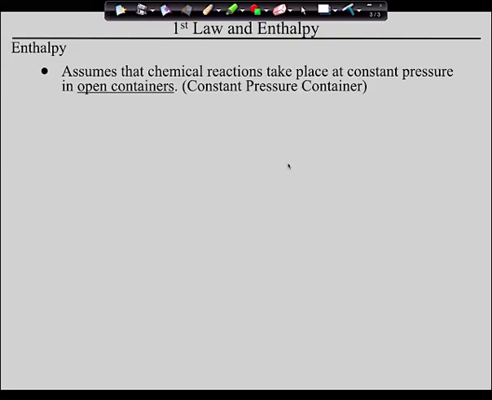Get it? So imagine that you had a balloon, and in the balloon we put some baking soda. Some of you have done this. Put some baking soda in the balloon and then pour in some vinegar and tie it up really tight. What does that reaction do? You'd better know. Releases carbon dioxide and water, right?